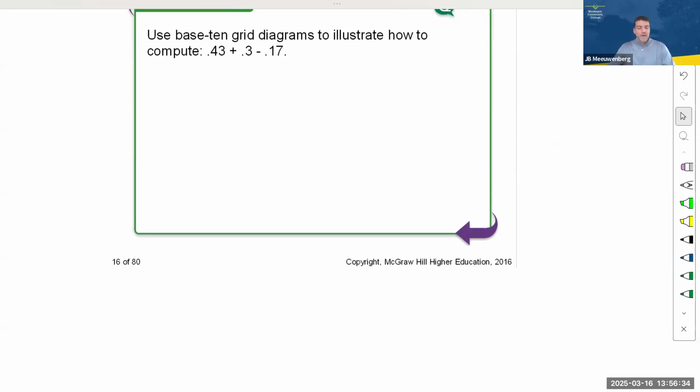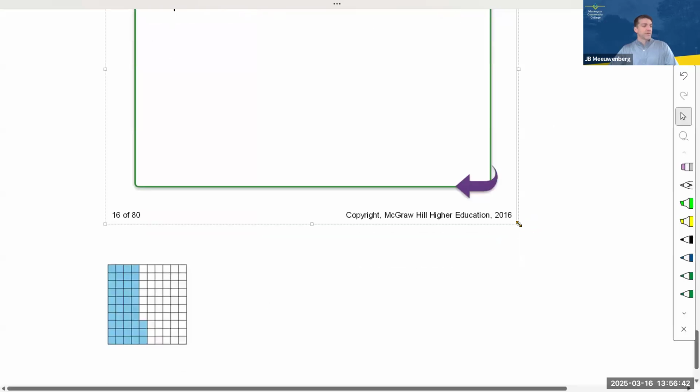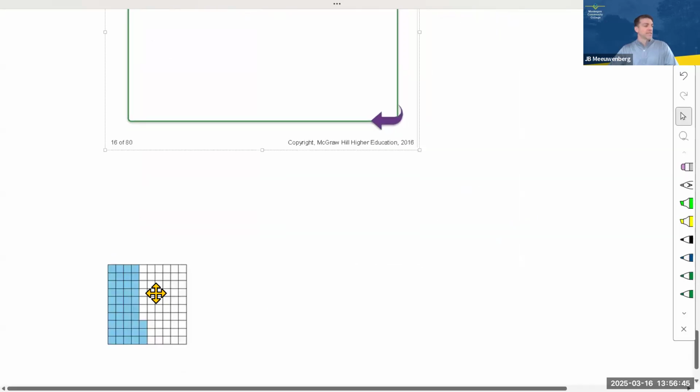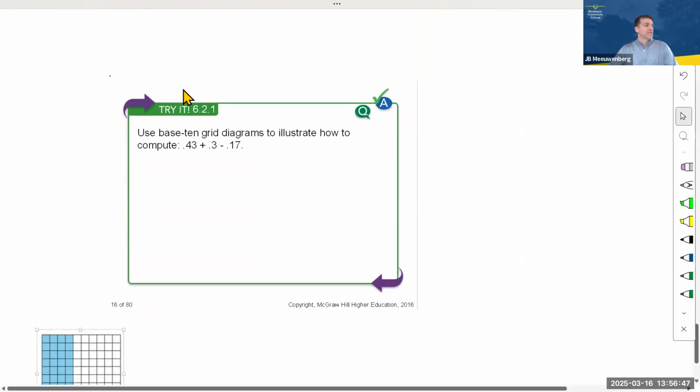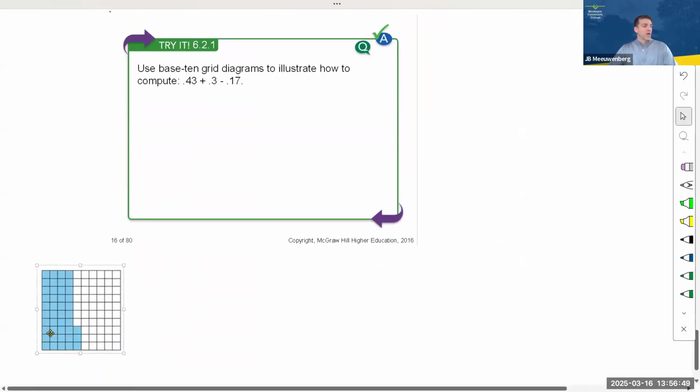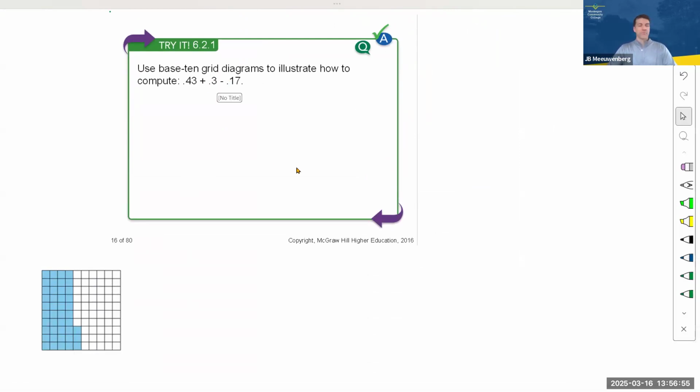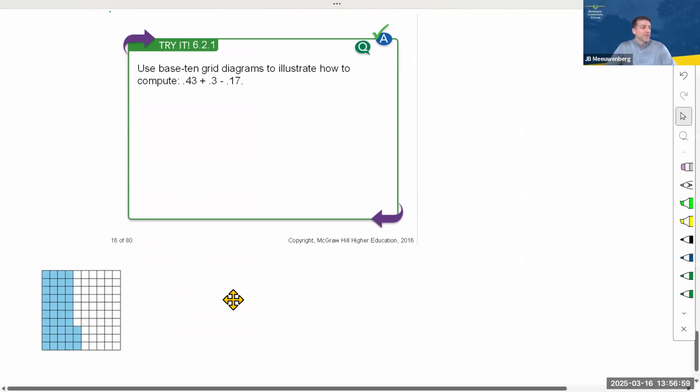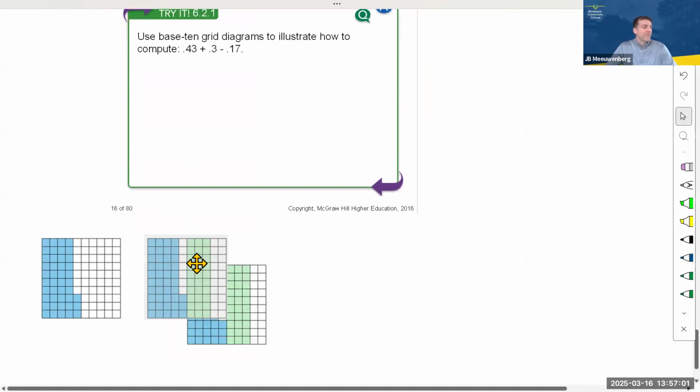So I did this in Microsoft Word using a table. The first thing I started with was 43 hundredths, and I shaded in those values. And then I needed to add 0.3, but I viewed it as 3 tenths. So I added in 3 full columns of green, right?